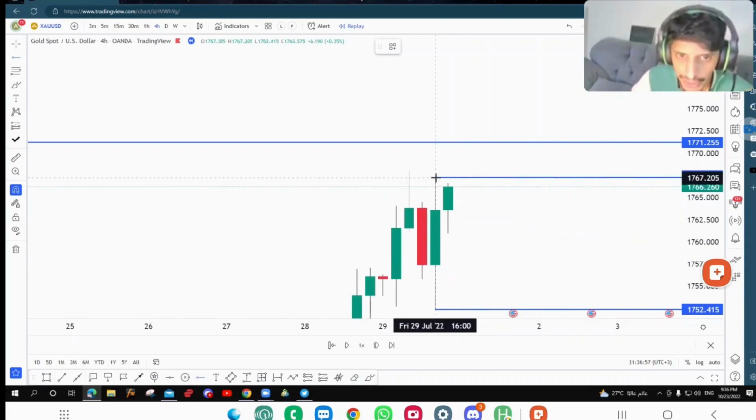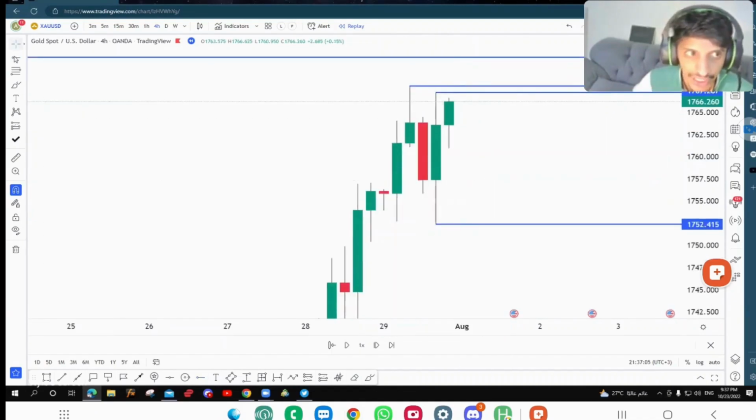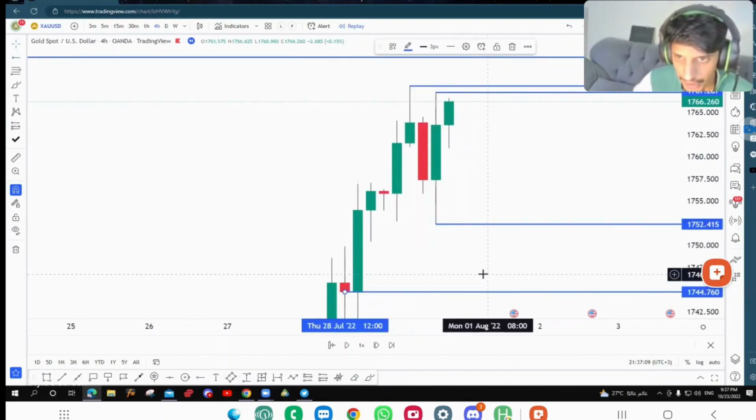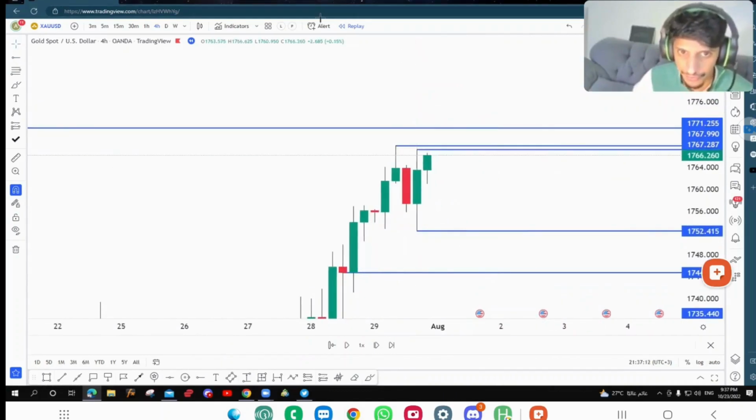If it breaks this high, it's going to go up. If it breaks this low, it's going to retest this one as well.